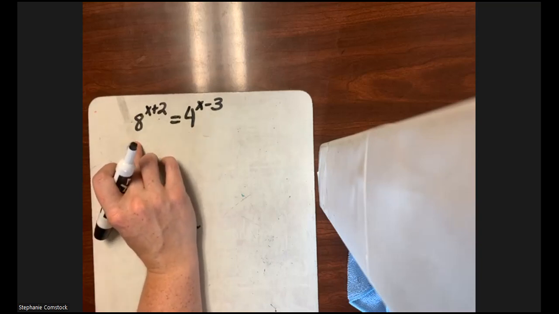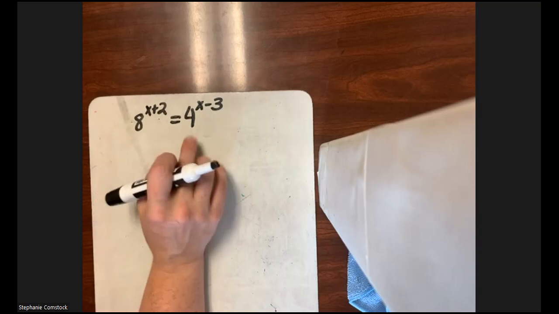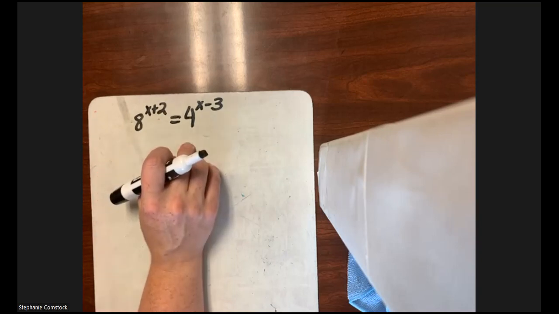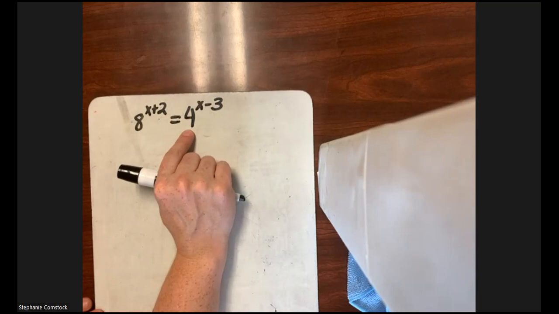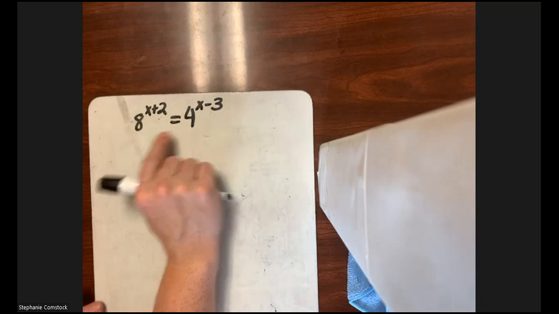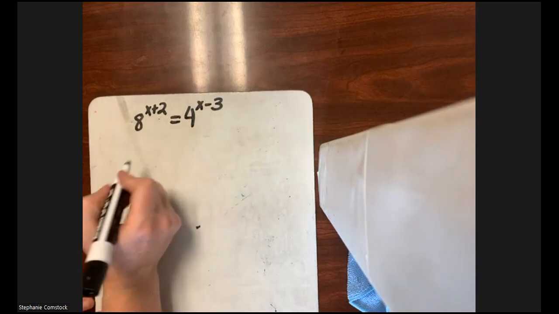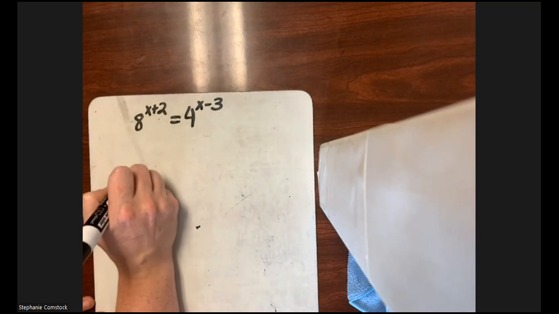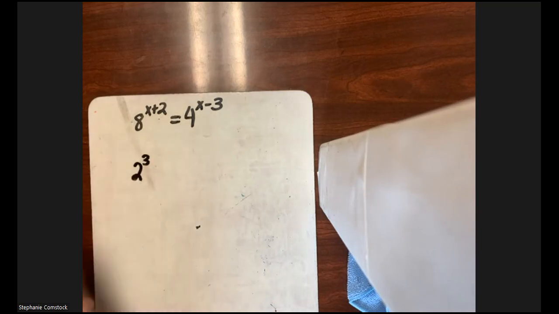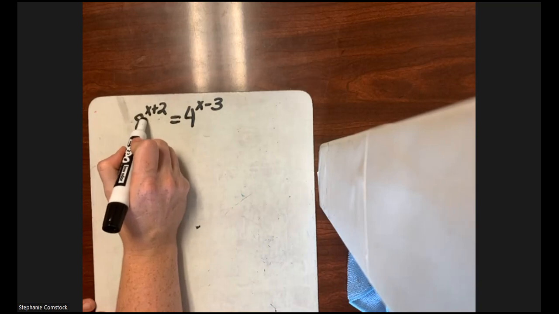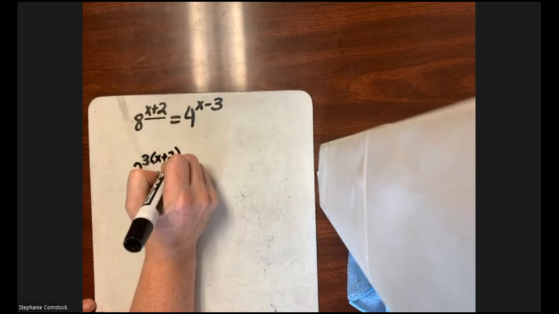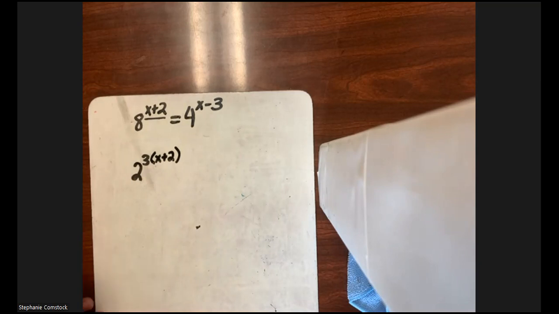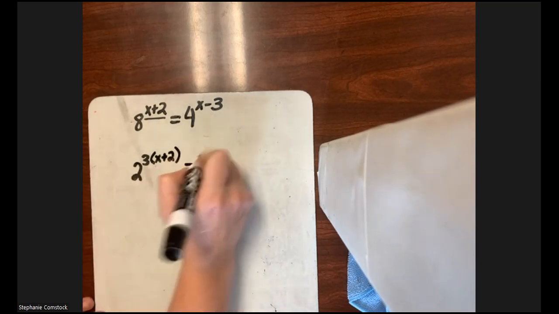So we think about whether there's a base smaller than 8 and smaller than 4 that I can get to both of those. Our thought becomes 2. 2 squared gets me 4, and 2 cubed is 8. So we're going to rewrite the 8 as 2 cubed, and what was up there already we put into a set of parentheses to show that it was all grouped together. I'll do the same thing over here.